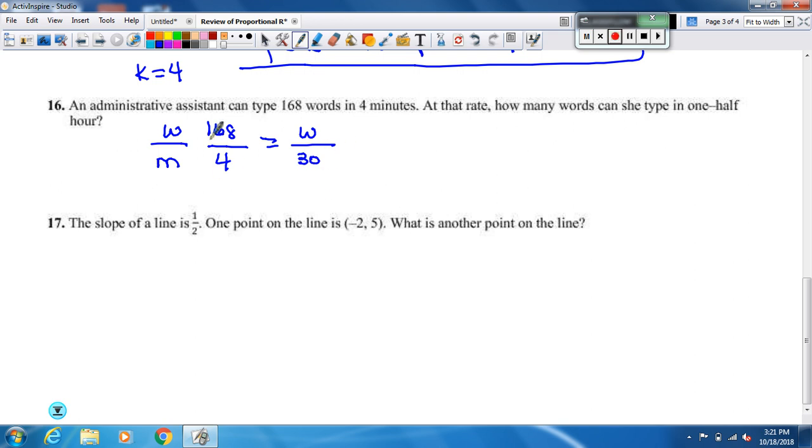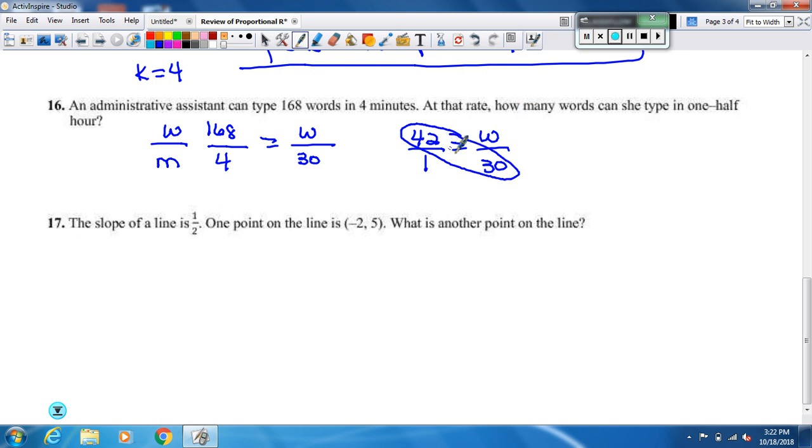So the first thing I want to do is simplify this fraction if I can, and I can take 168 and divide those by 4. So 168 divided by 4 is 42, and 4 divided by 4 is 1, equals W over 30. Now cross multiply.